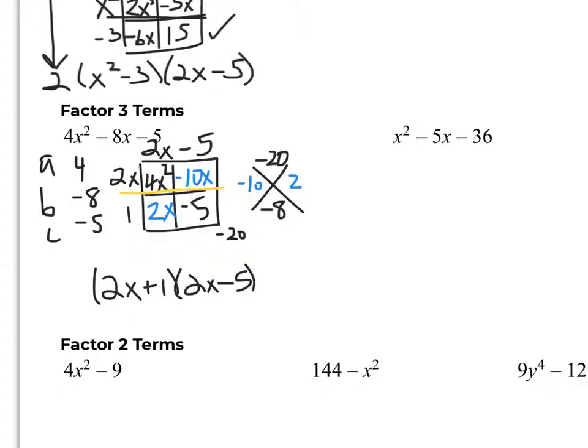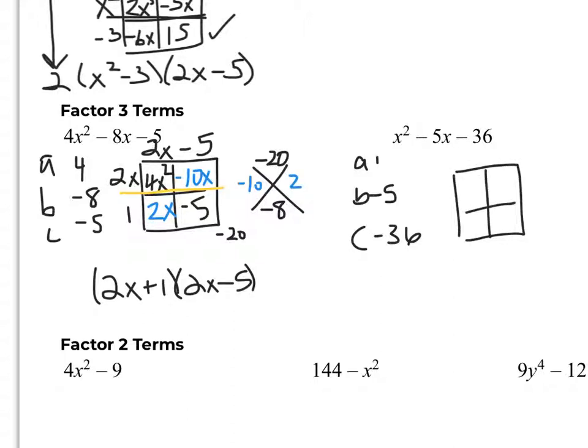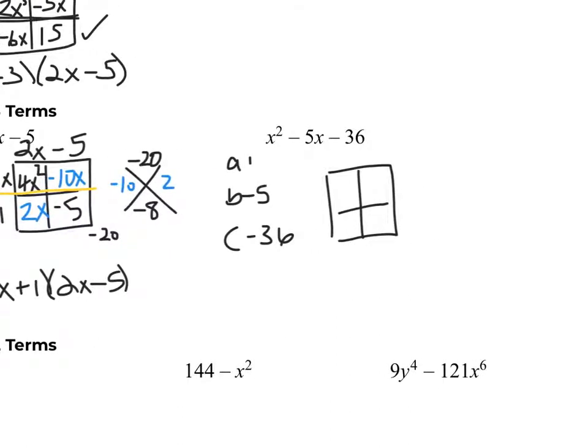Going to do the same process for the next one. A is 1, B is negative 5, C is negative 36. So first term, first box, which is x squared. Last term, last box, which is negative 36.